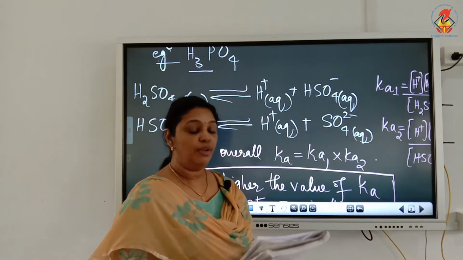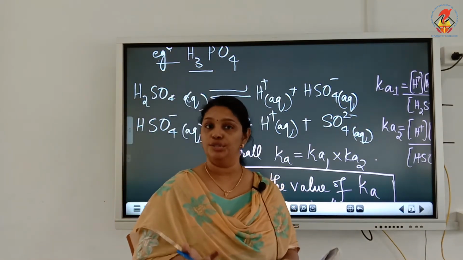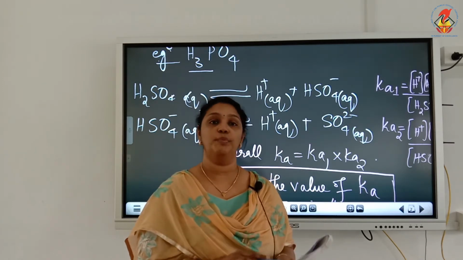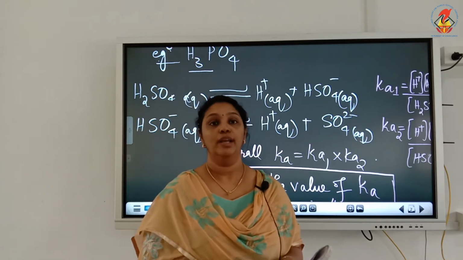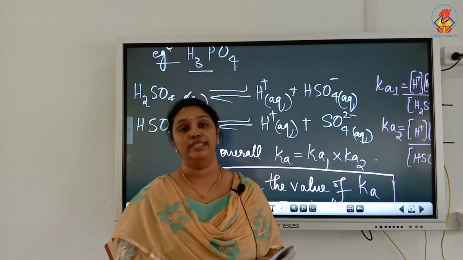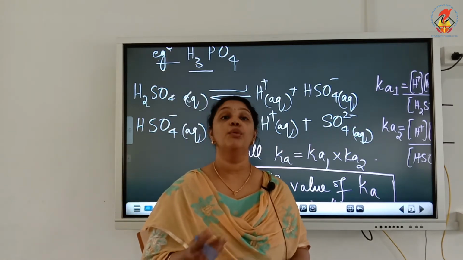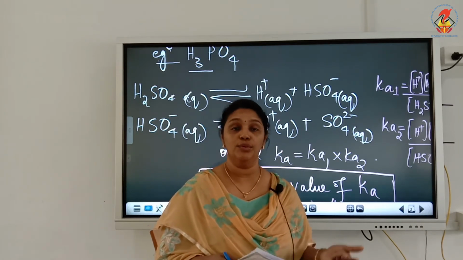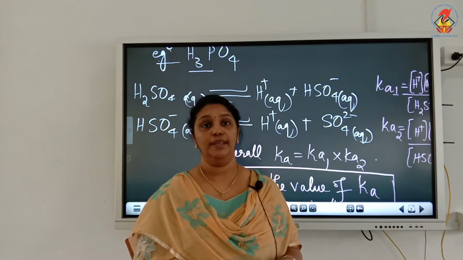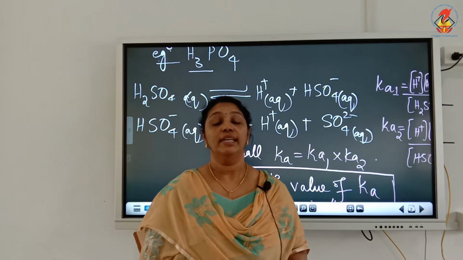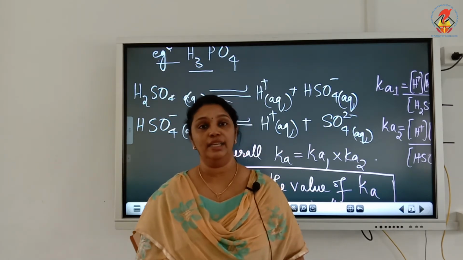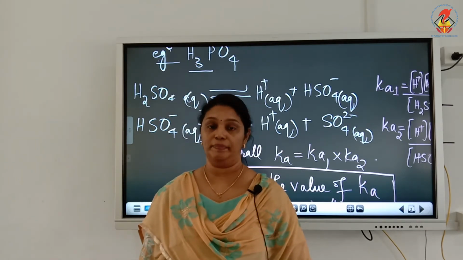So it's more difficult to remove a positively charged proton from a negative ion due to electrostatic forces. And the greater the charge of the negative ion, the more difficult it is to remove the H+ ion. So always we have Ka1 value greater than Ka2, greater than Ka3, and so on.